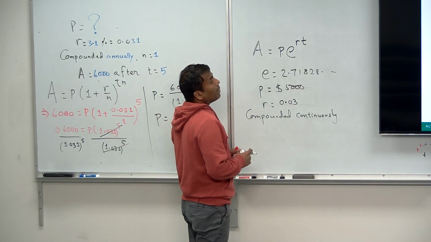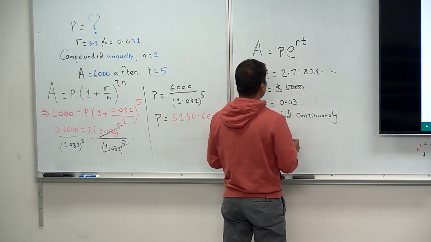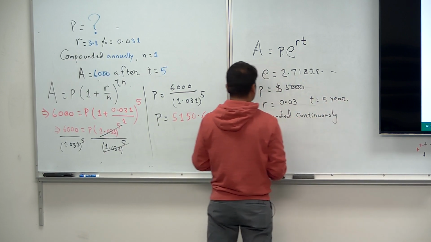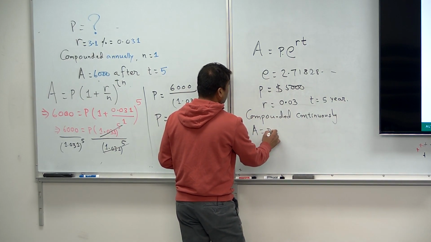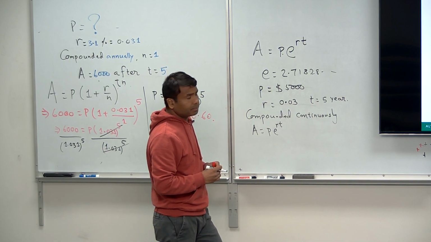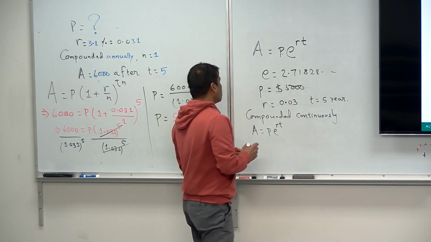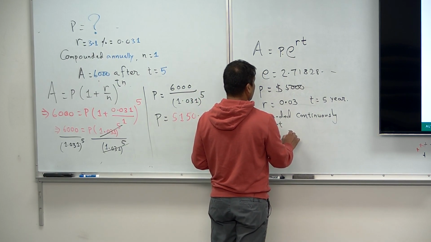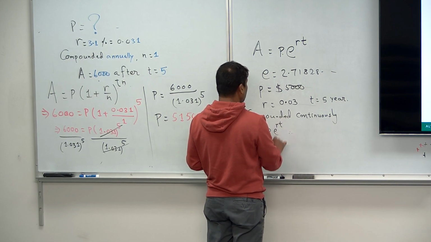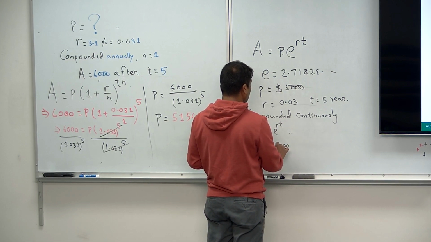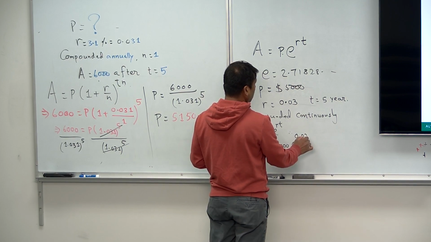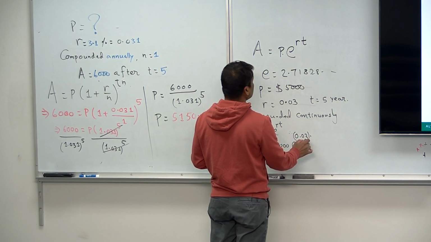Find the total amount on deposit at the end of 5 years. So T equals 5 years. The formula is A equals P e raised to the power RT. So you plug in the values of P, R, and T. P is 5,000, R is 0.03 times T is 5.